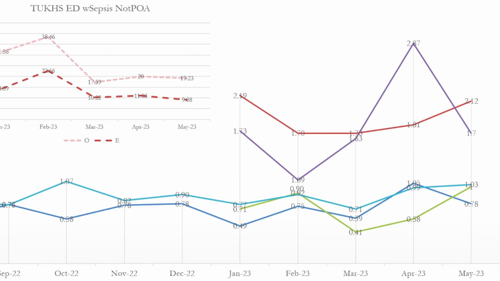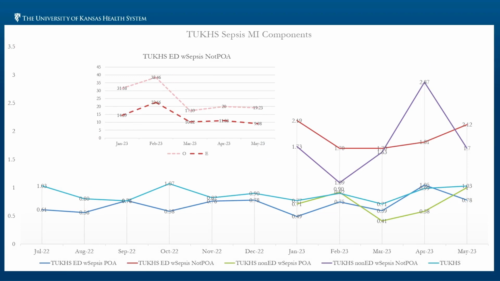As you can see, the mortality index is pretty high in this patient population, and this is true across other hospitals as well. When we compare this component of our performance to other hospitals in the nation, we note that the mortality index in this particular component suffers. On the left-hand side in the dotted line, you can see the O to E ratio of this component.